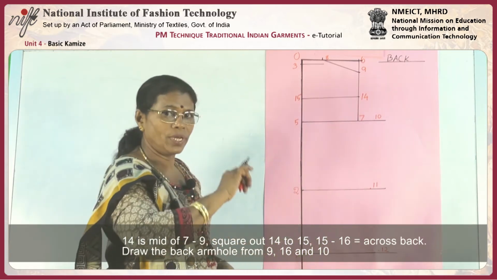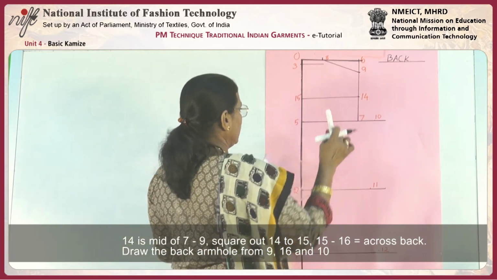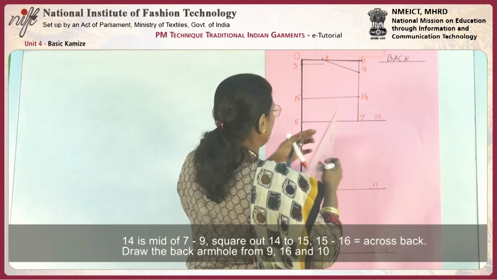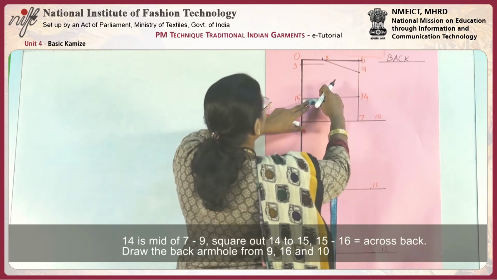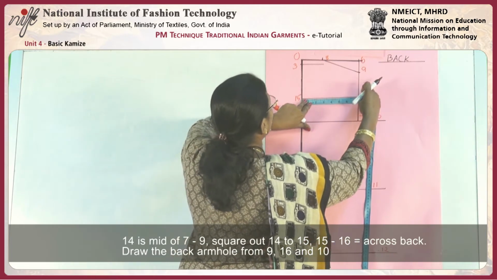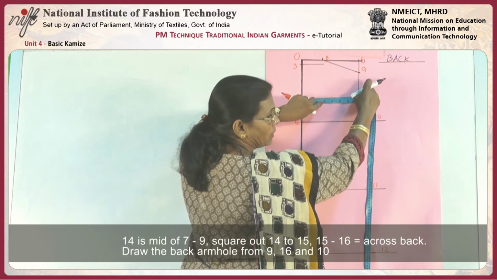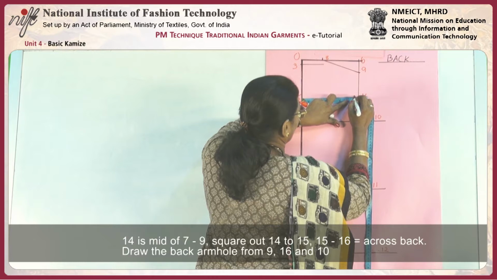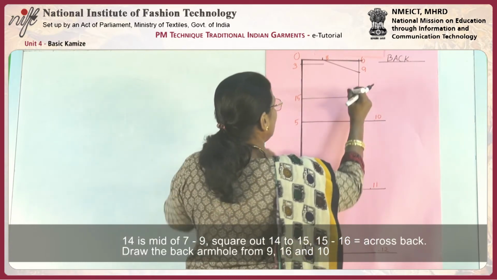Now 15 to 16 is across back. Across back is 6 3/4. And mark 16.